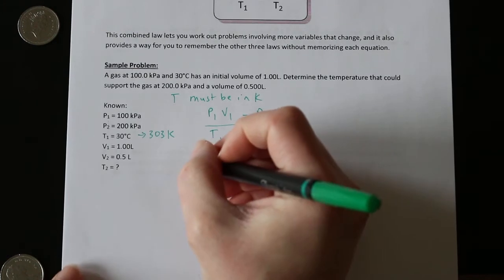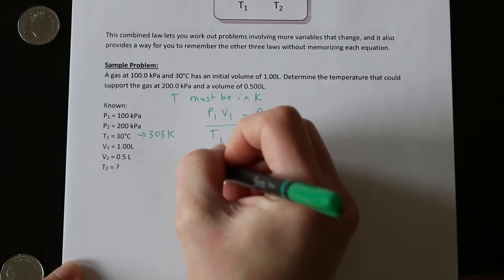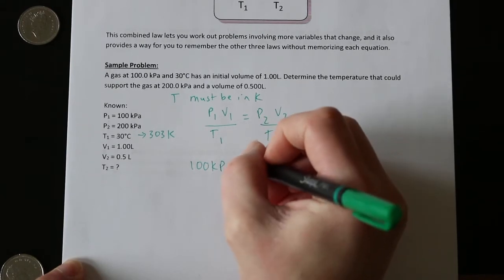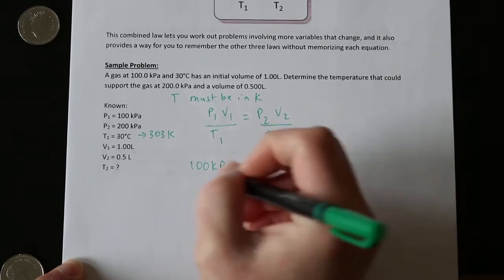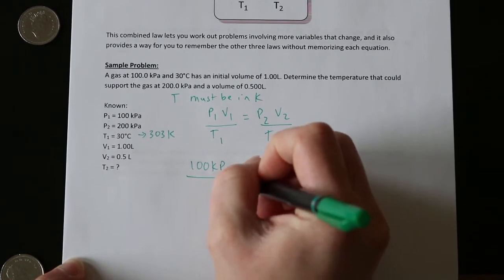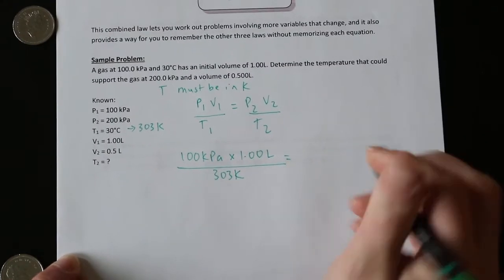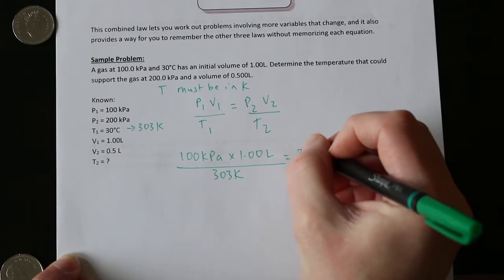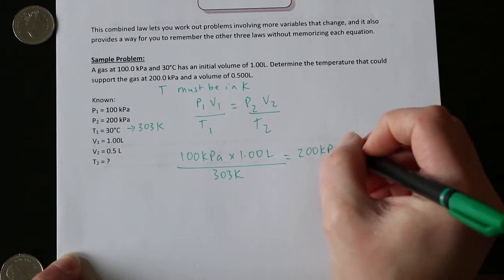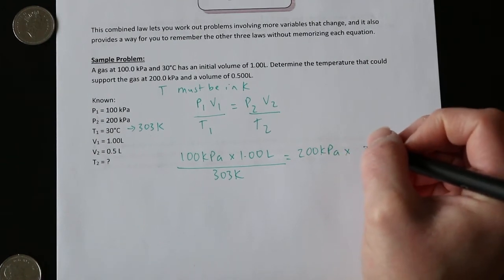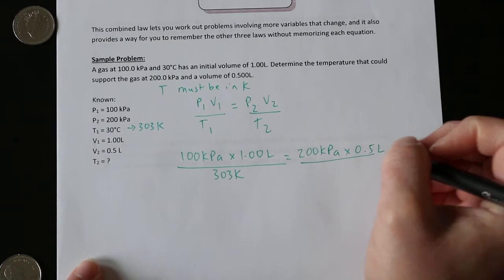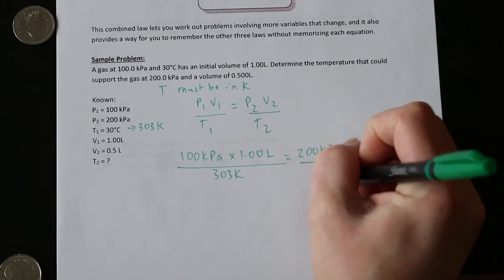So that would be 100 kilopascals multiplied by 1.00 liters divided by 303 Kelvin equals 200 kilopascals multiplied by 0.5 liters divided by T2.